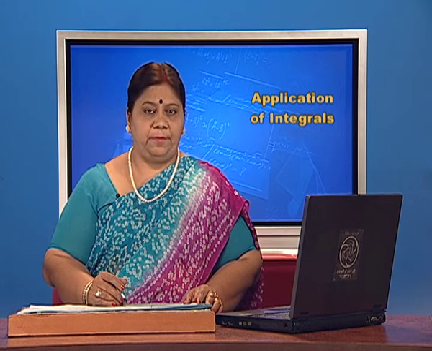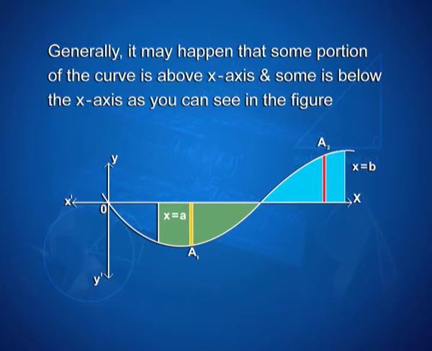Generally, it may happen that some portion of the curve is above the x axis and some is below the x axis. As you can see in the figure, this is the x axis and this is the y axis and a portion of the curve is below the x axis and the other portion is above the x axis. In such cases, we add the areas A1 and A2.